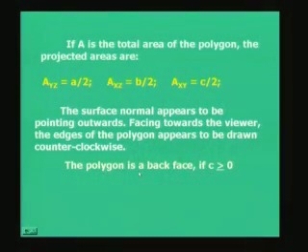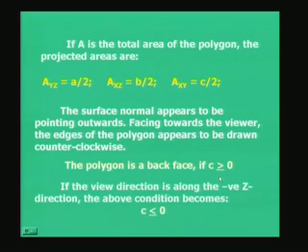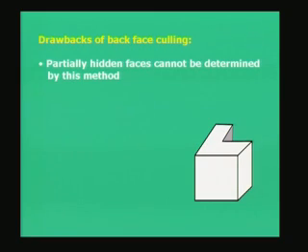Just be careful that the first condition holds good, that the polygon is a back face if C is positive, if you are looking along positive z direction. But remember, if your situation demands that the view direction is along the negative z direction, then the above condition becomes C less than 0. So, I hope this condition is clear, and then we move on to the next topic.